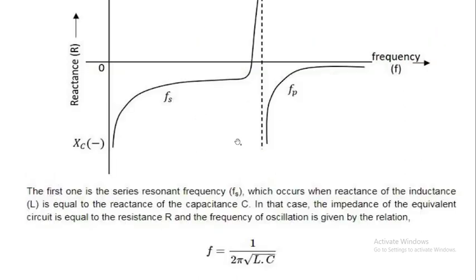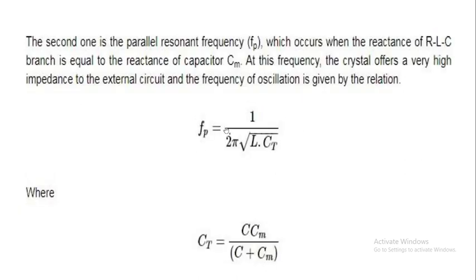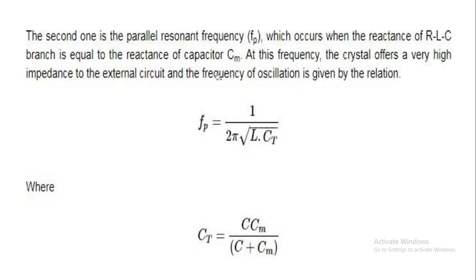Next we are going to see the parallel frequency. It occurs whenever the reactance of the RLC branch is equal to the reactance of the capacitor Cm.